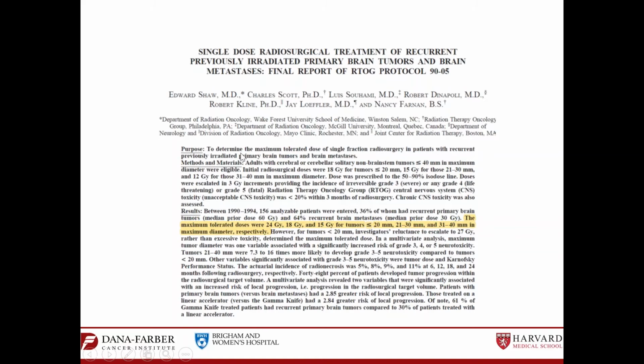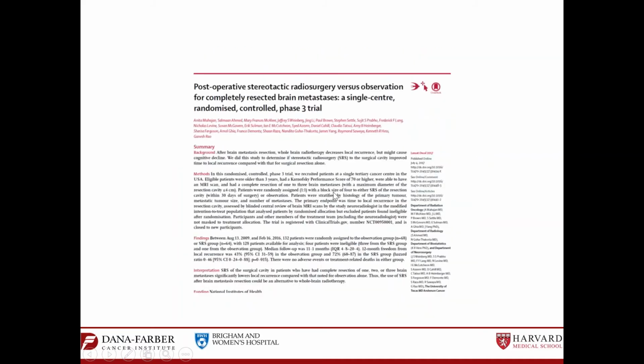So that's a trial that may guide you on how to prescribe the doses, depending on the size of the lesion. In our program, we prescribe 20 gray in 1 fraction whenever we can meet the metrics. But other than that, we will fractionate or go maybe to 18 gray, but not to 15. 15 is not really good for local control.